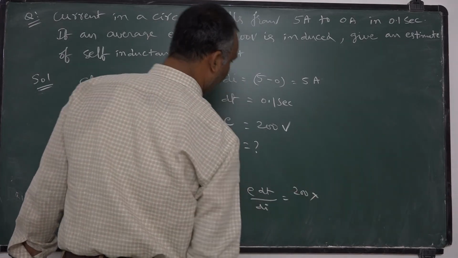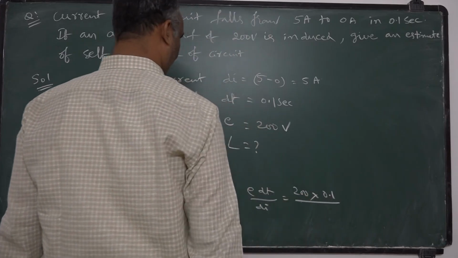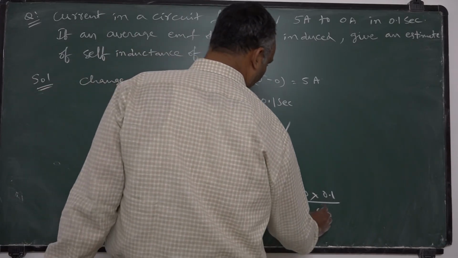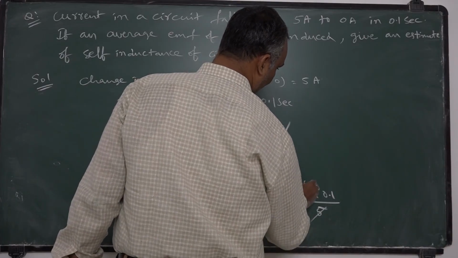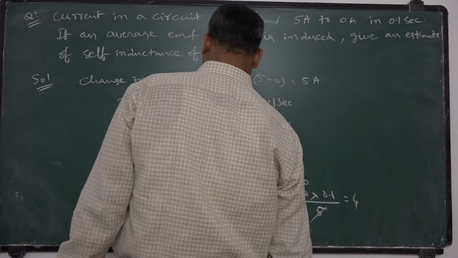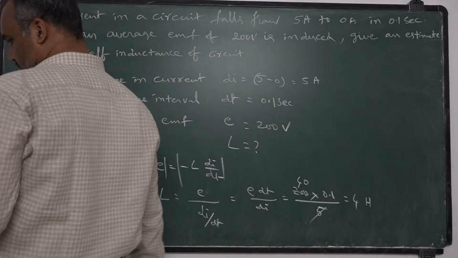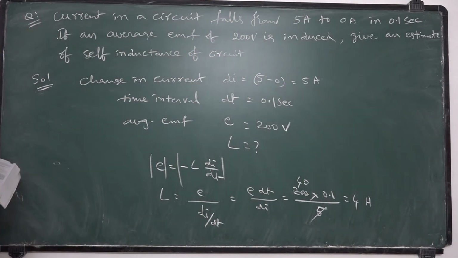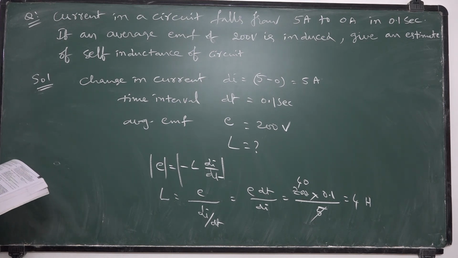That is 200 into time interval 0.1 by change in current 5 amperes. So it will go for 4 Henry. 4 Henry is the answer for the question. Very simple question based on self-inductance.